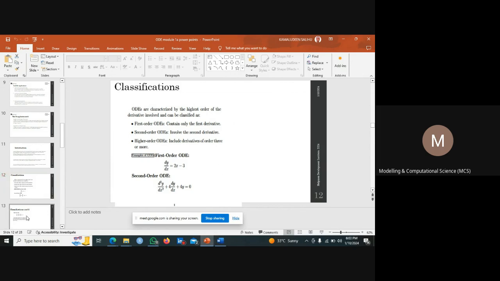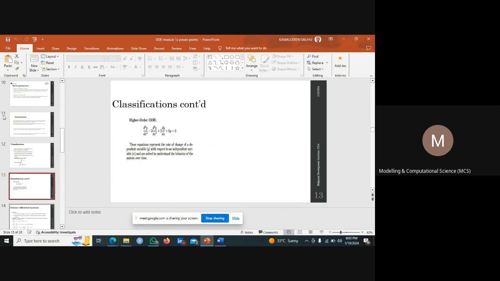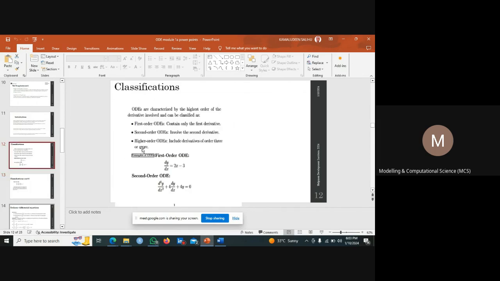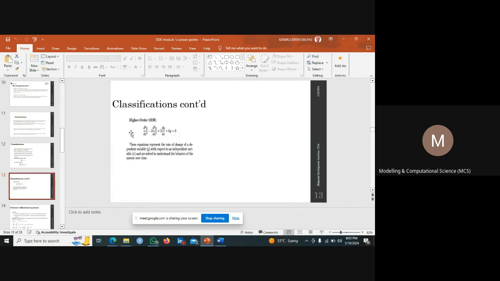Lastly, we have what we call higher order differential equations, and these include derivatives of order 3 or more. How is it written? It is still the same thing. Look at it here: you have d³y over dx³.